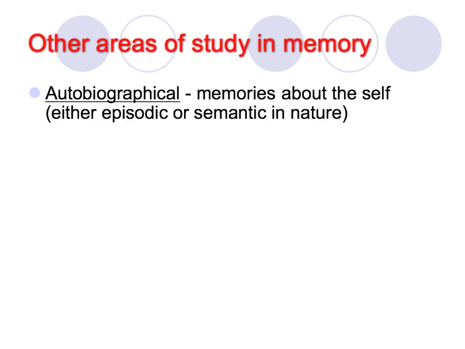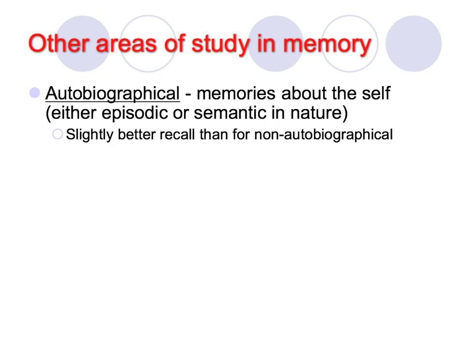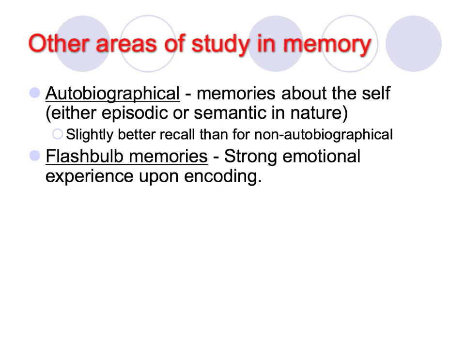Other areas of memory that I'm not going to go into very deeply: autobiographical memories, memories about the self. We're slightly better at recalling stuff that pertains to us rather than non-autobiographical information. Flashbulb memories are very strong emotional memories that can be encoded deeply upon one presentation.